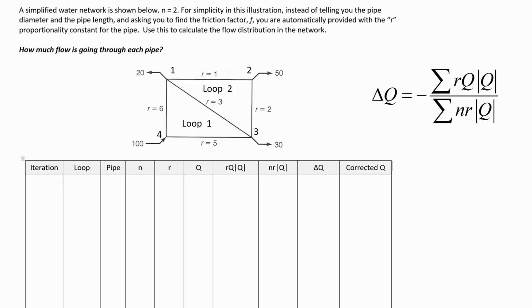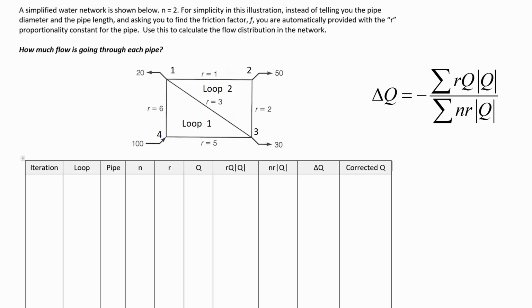Let's do this next junction. If we have junction 1, we've got 70 coming into junction 1 through pipe 4-1. 20 is going out. So we have to decide how much is going to go through each of these 2 pipes, through pipe 1-2 and through pipe 1-3.